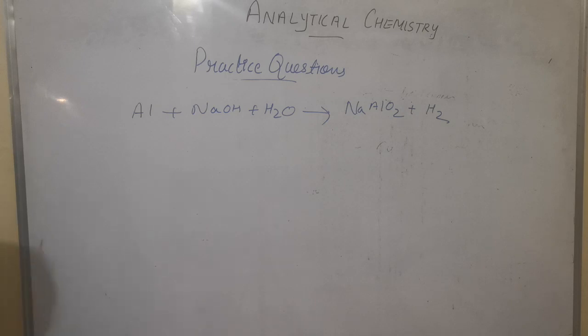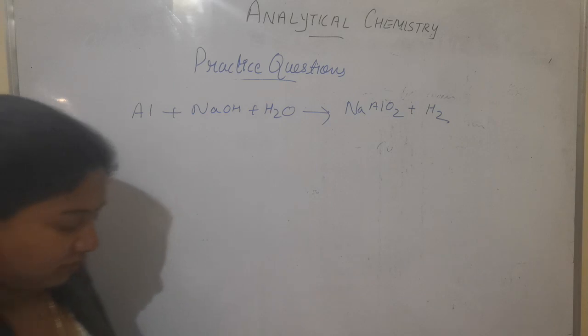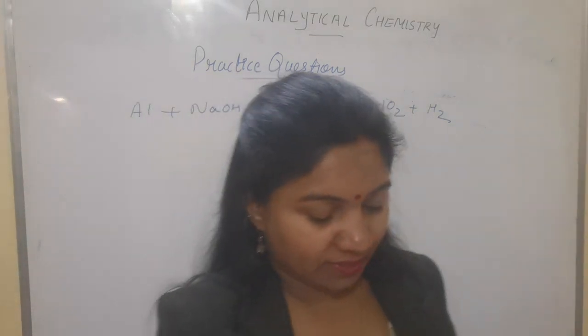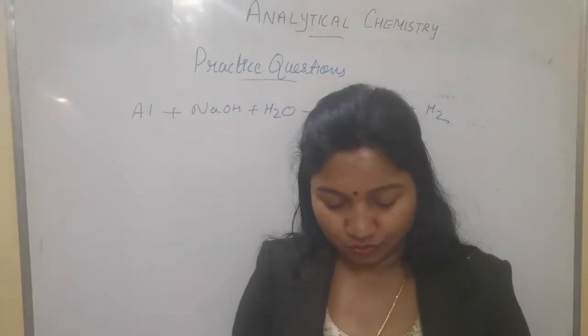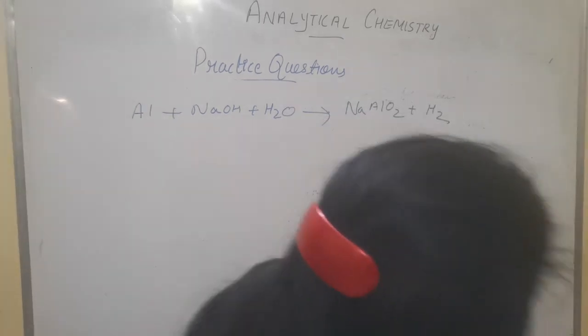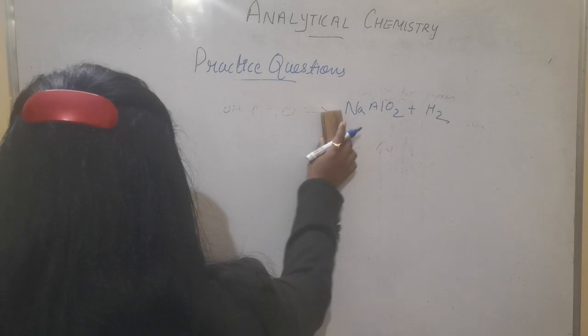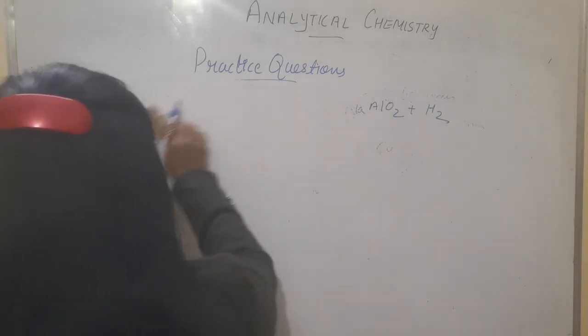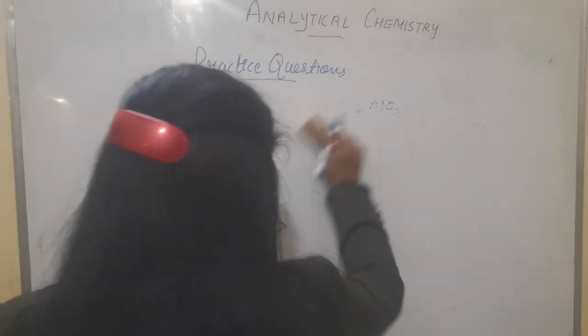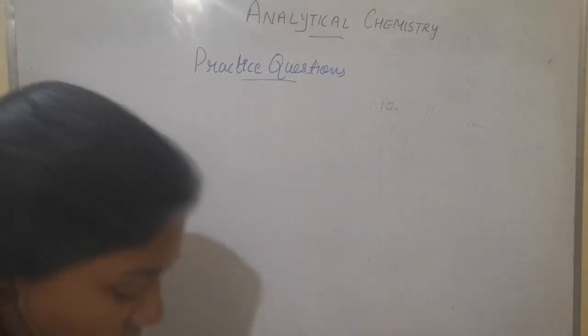Next question is, what happens when ammonia solution is added first dropwise and then in excess to the following solution. Now we have to see the action of ammonium hydroxide, not ammonia, it is written incorrectly over here.